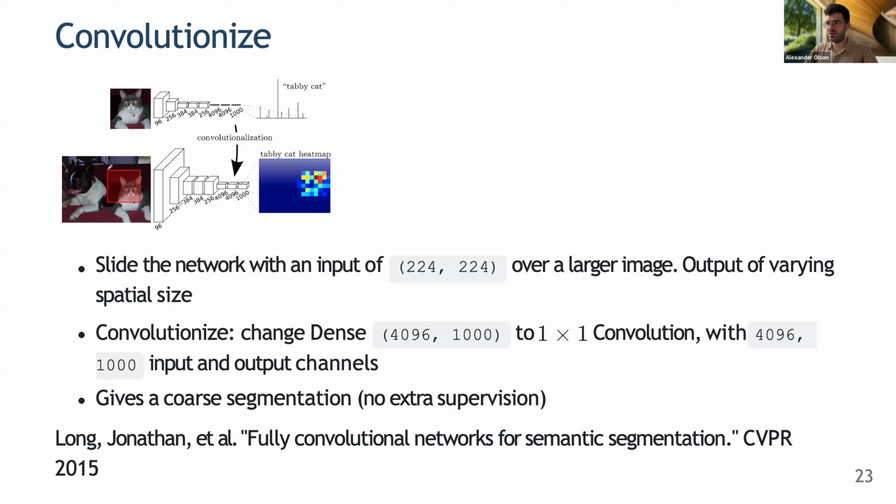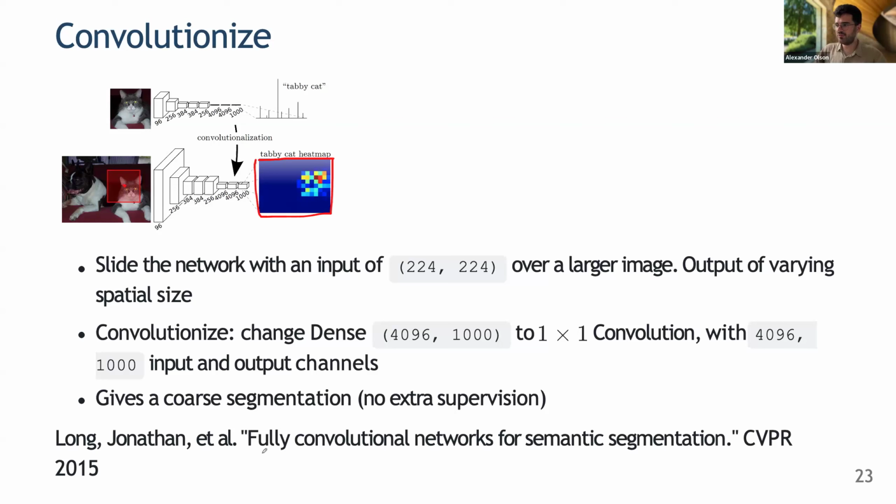So if we are looking at this region, then we're only making a prediction for the central pixel here. And as we move this over and over gradually, we will make a single prediction about what that center pixel belongs to. And so what this allows us to do is, if here we're looking for tabby cat, then for the entire image, we can make a prediction of which pixels belong to tabby cat and which ones don't.